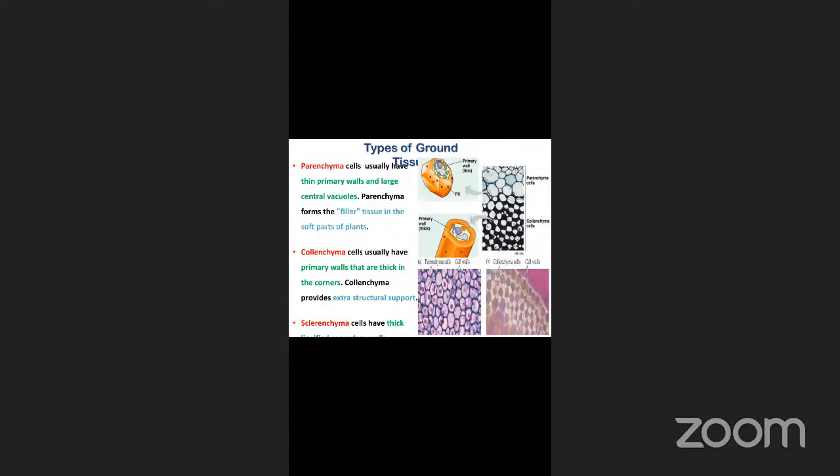That is one type of soft parenchyma tissue. The parenchyma cells are large, thin-walled, and show mucilaginous properties. The best examples of water storage tissue are aloe vera and agave, which store large quantities of water in parenchyma cells.